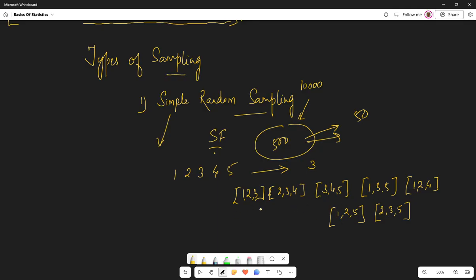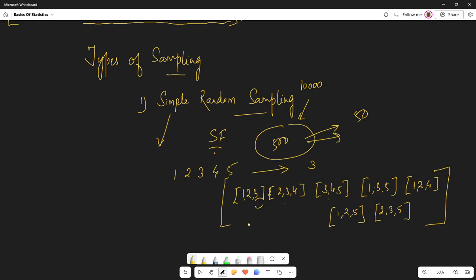So we can make, suppose, 7. Suppose these are the choices that we can make of the total number of samples that we can take.